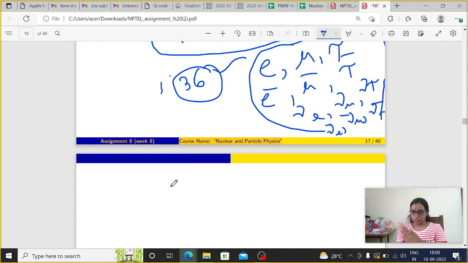Okay, ma'am. So we can say that Coulomb's law is not applicable for color charge. Yes, obviously, because it's not an electric charge, it is not applicable here. Coulomb's law is only applicable for electric charge, just like Newton's law is applicable for massive particles.